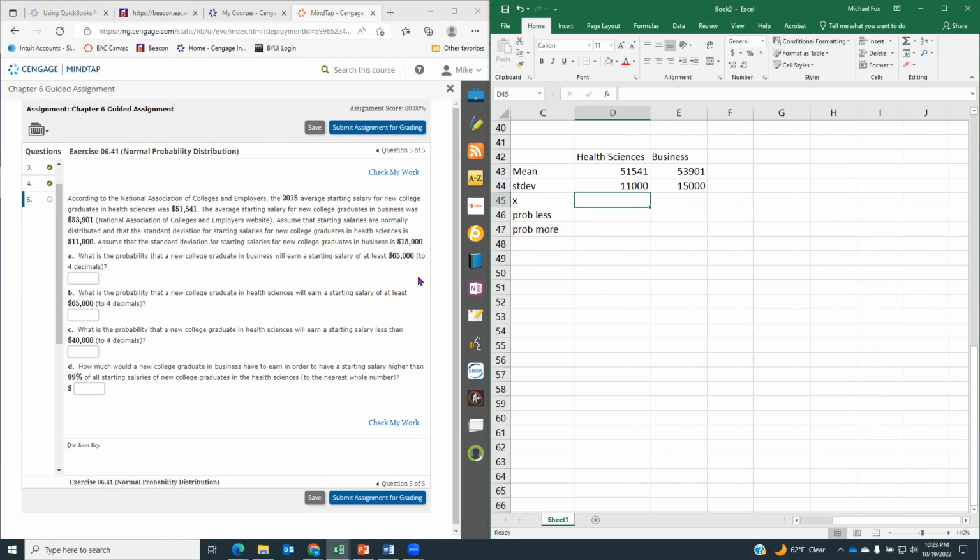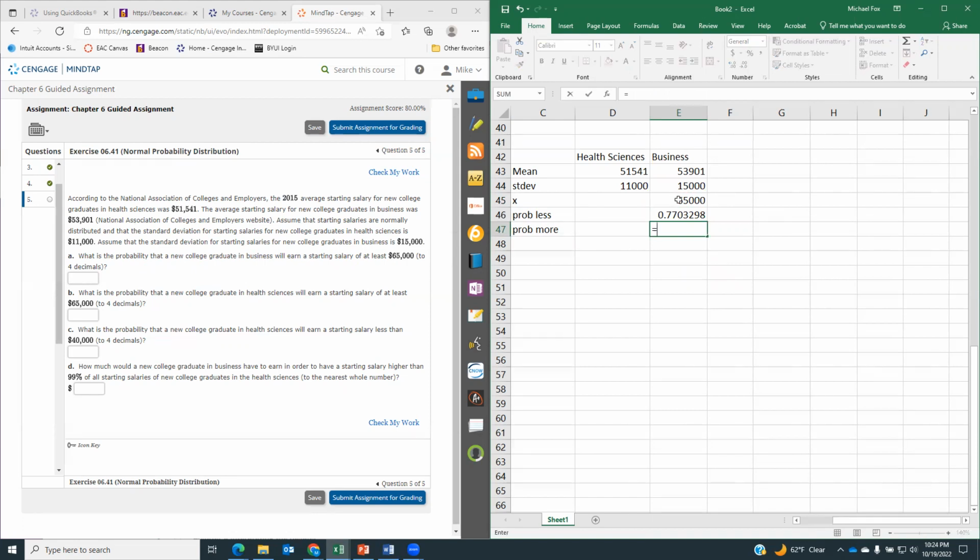Okay. So the first one says, what's the probability that a new college graduate in business will earn a starting salary of at least $65,000? So I'm going to come over here and put 65,000 as my x. Then I'm going to use NORM.DIST with x, comma, mean, comma, standard deviation, comma, true. That will give me the probability of someone earning 65,000 or less. But this says earning at least 65,000, which is going to be 65,000 or more, right?